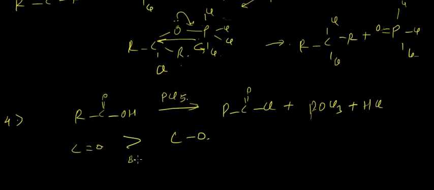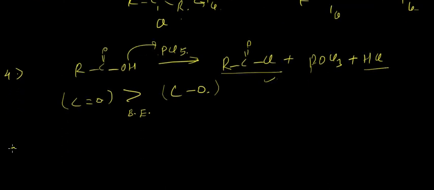Why? Because of bond energy order. The C double bond O bond energy is more than the C single bond O bond energy. Hence, this O will attack on PCl5 to form HCl and RCOCl. So this product is formed.